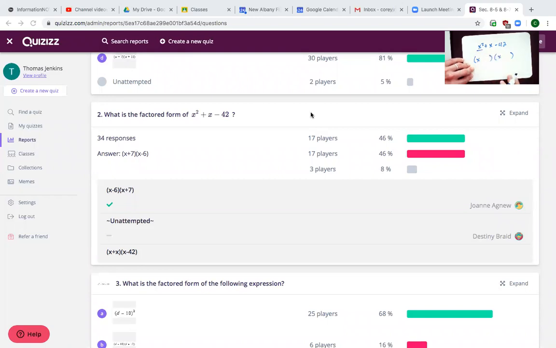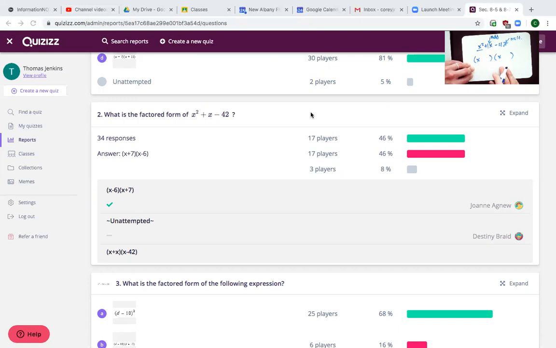The next part, here's where the math comes in, is we want to know what combination is going to multiply to negative 42 and add to, what's my coefficient here? 1. All right, so what's going to multiply to negative 42, add to 1?